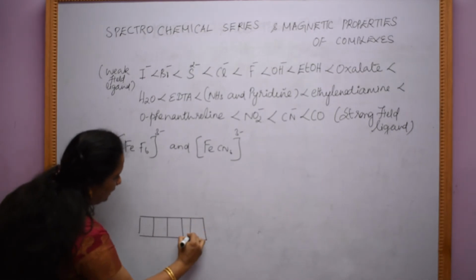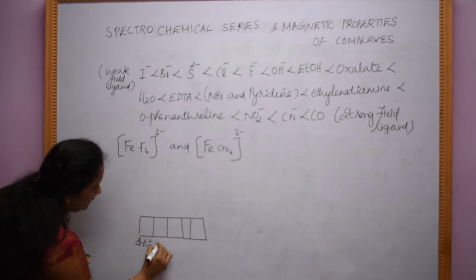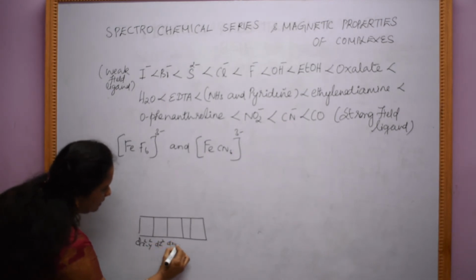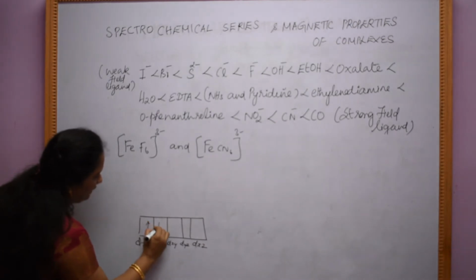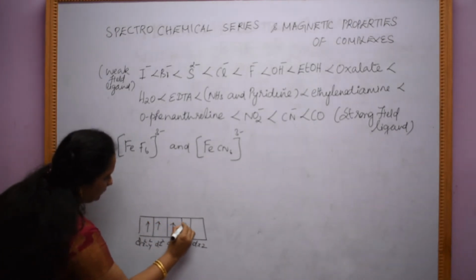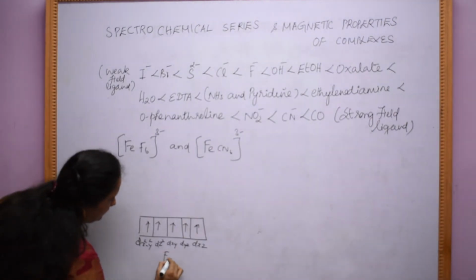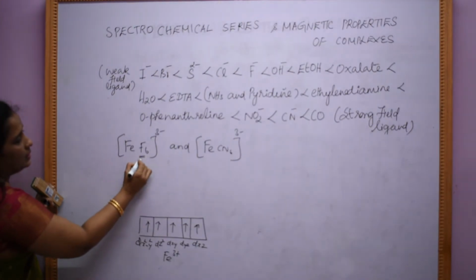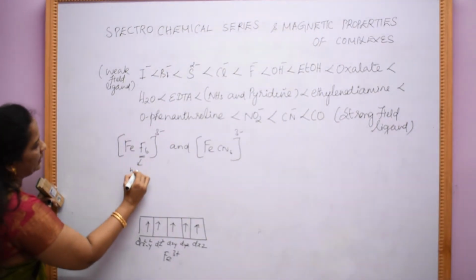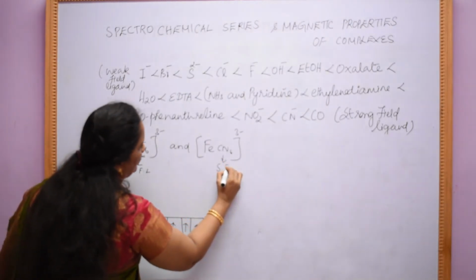So you have these five d orbitals, dx square minus y square, dz square, dxy, dyz and dxz. You have 5 electrons in the 5 d orbitals of this Fe3+, right? We know F is a weak field ligand, whereas CN is a strong field ligand.